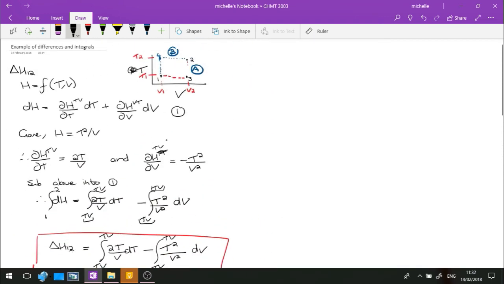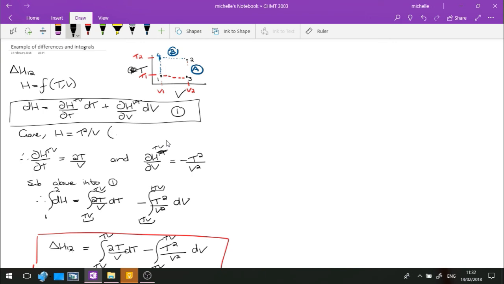But as you can see, your total differential is your basis for everything, and what you do from there is, if you know more information about the definition of the function, what it represents for a particular system, you can substitute it in and find your answers.